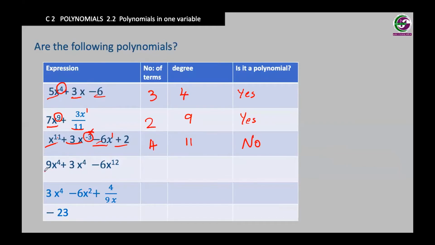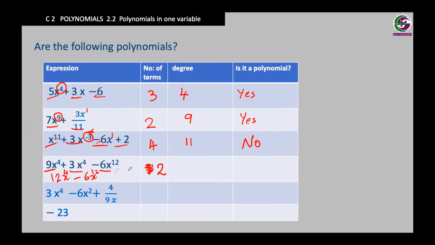How many terms are there? 1, 2, 3 terms. What is the degree? Power is 4 and power is 12. When you have the same power, you can rewrite this expression as 12x power 4 minus 6x power 12. So how many terms are there? 2 terms only.